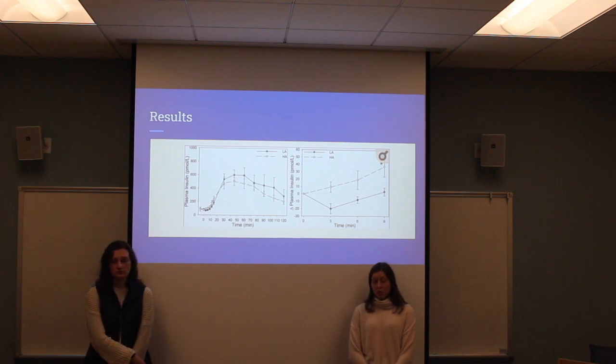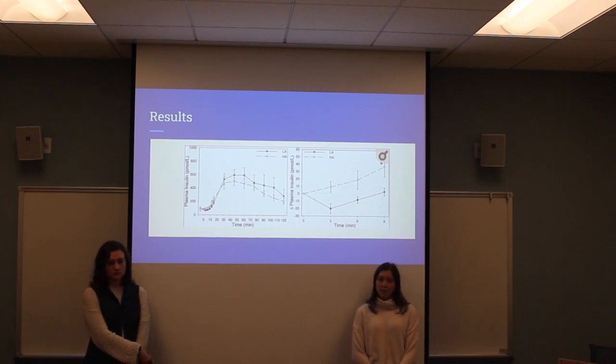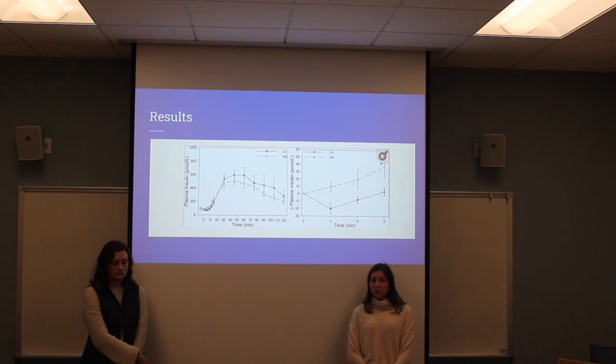So the results did show the opposite of their original hypothesis. The high amylase individuals had significantly lower postprandial blood glucose responses, mediated by the increased plasma insulin concentrations.